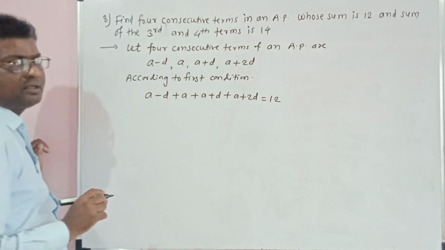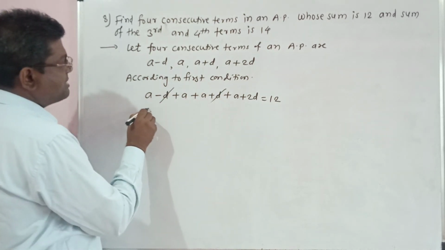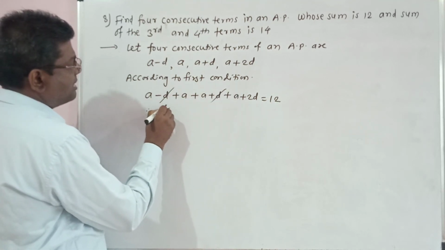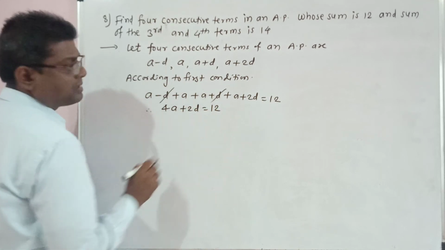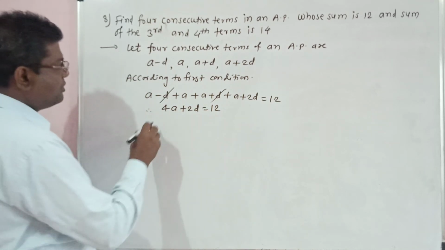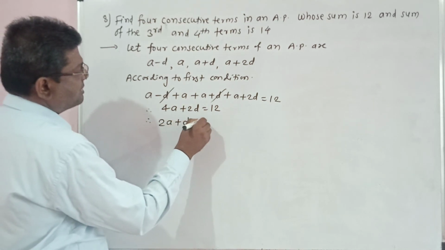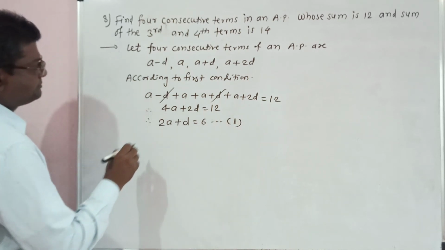Their sum is 12. Now minus D and plus D will get cancelled. 4A plus 2D is equal to 12. Divide both sides by 2. Therefore, we get 2A plus D is equal to 6. This is equation number 1.